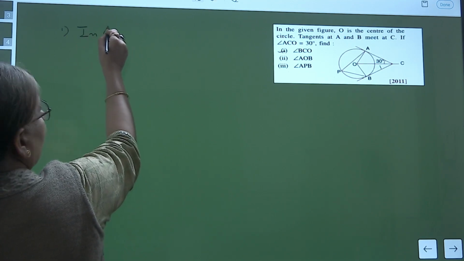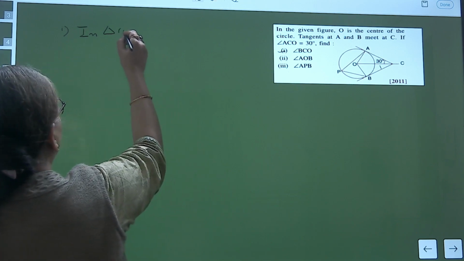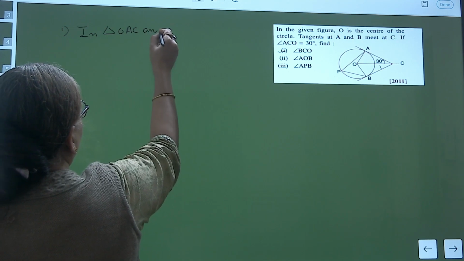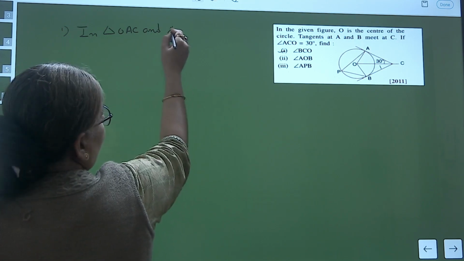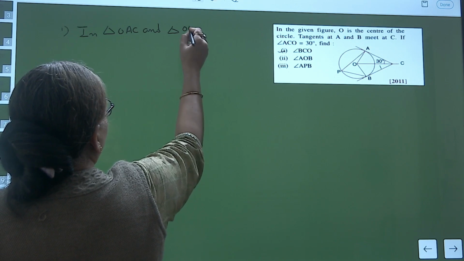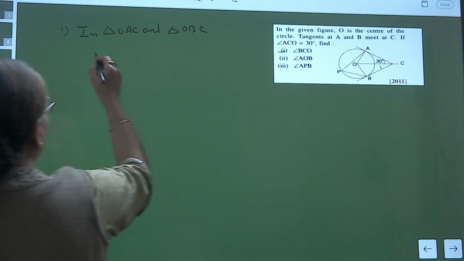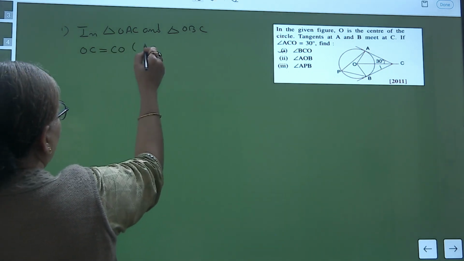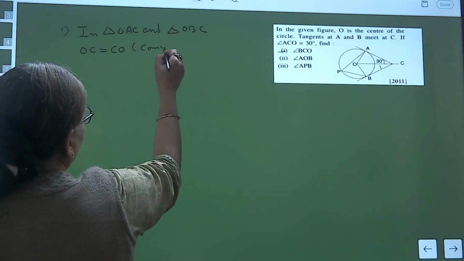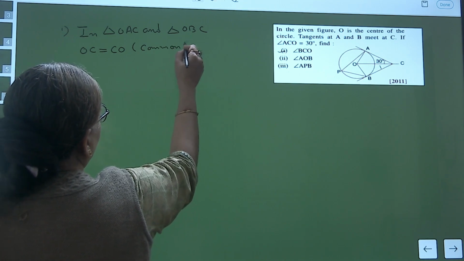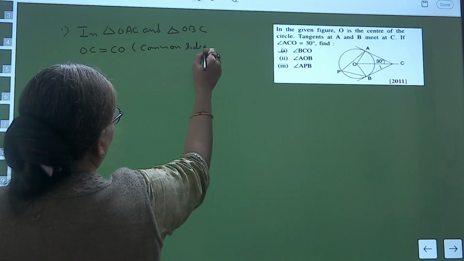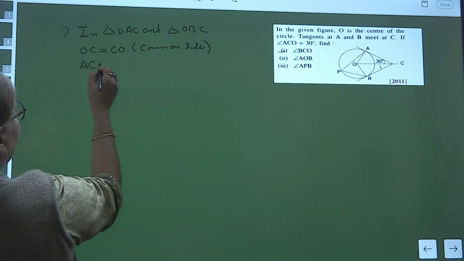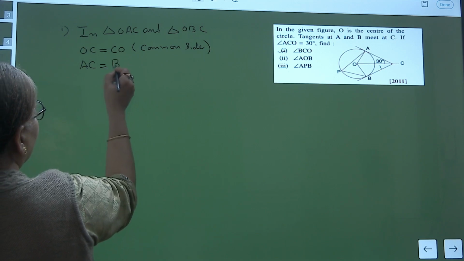In triangle OAC and triangle OBC, OC is equal to CO, common side. Then AC is equal to BC.